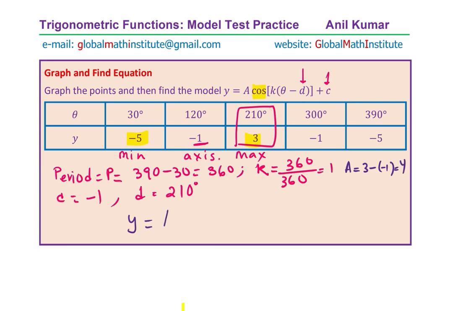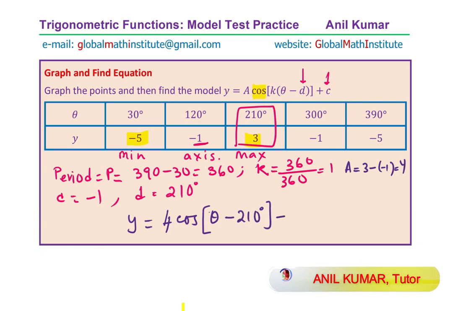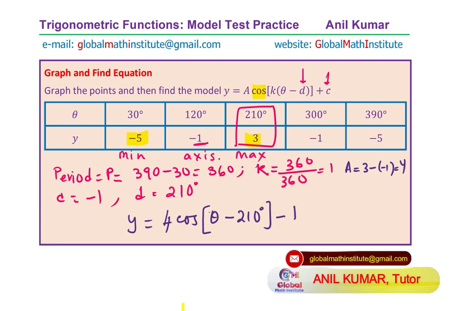So we have y equals 4 cos(theta minus 210 degrees) plus c, which is minus 1, since k is 1 and it starts with a maximum at 210 degrees. That is how you can get the equation from the given data.